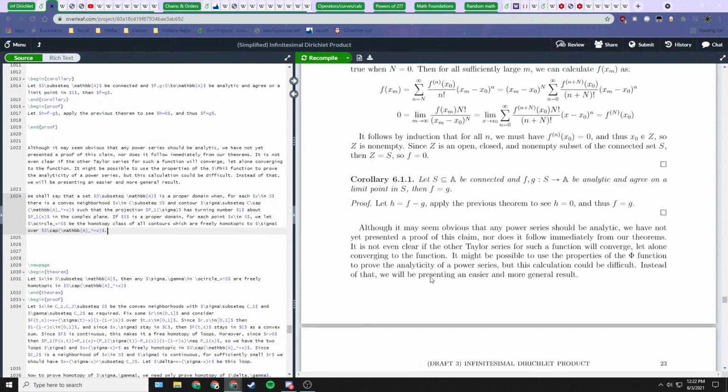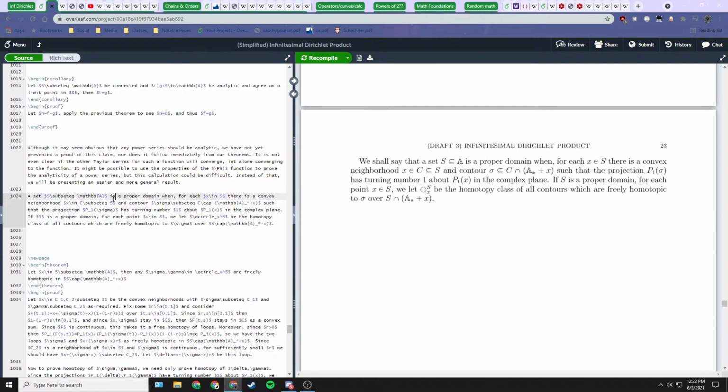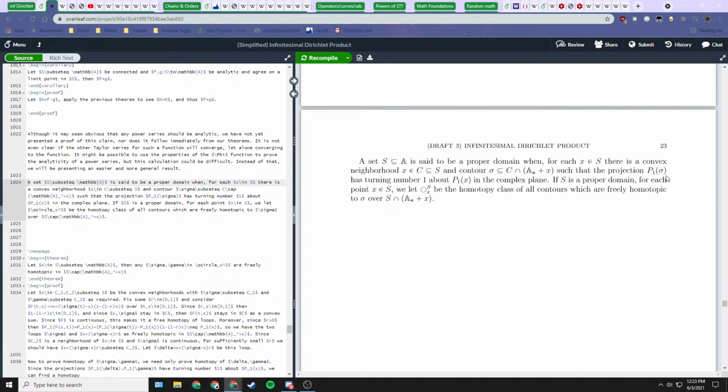Okay, that's better. So a set S subset of A is said to be a proper domain when for each x in S there is a convex neighborhood of x in C, a subset of S, and a contour sigma subset of C intersect A star plus x such that the projection P1 of sigma has turning number 1 about P1 of x in the complex plane.